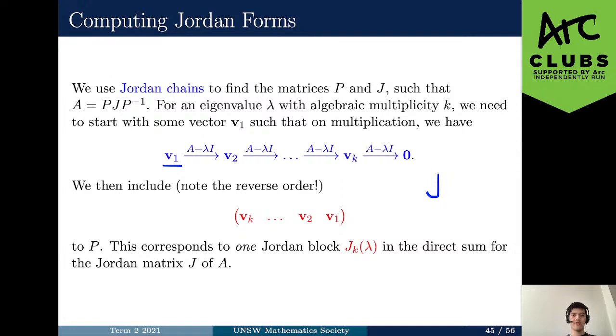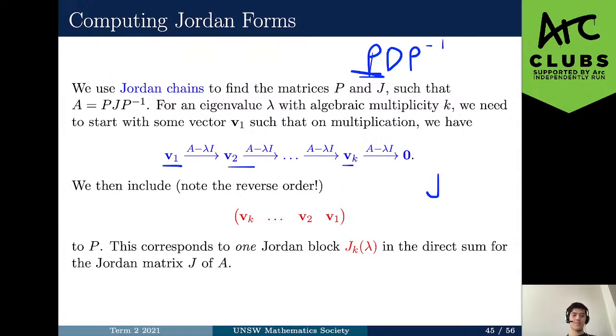When we have diagonalization, we say that A is equal to P inverse, and the P here is the matrix containing the eigenvectors for each of those eigenvalues. So here we're doing a similar thing. If we find a generalized eigenvector such that when I apply A minus lambda I to it k times it is equal to 0, I need to keep track of these vectors from v1 to vk.